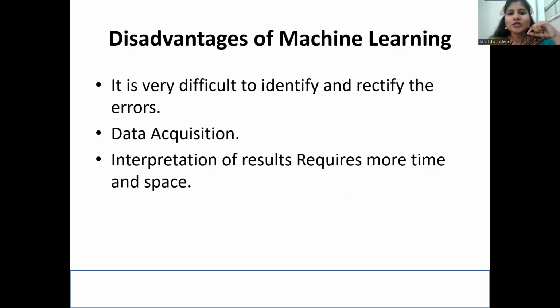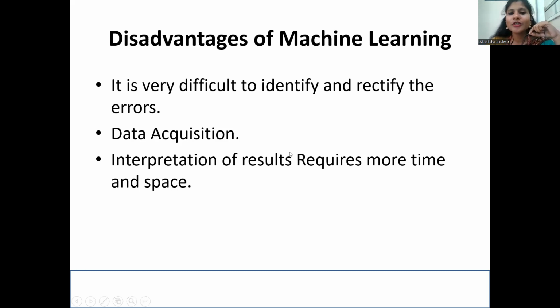Some of the disadvantages are that we cannot easily identify and rectify where the error has occurred, whether in the training, testing, or during the procedure. So it is a tedious task to know. Next is data acquisition. Here, data acquisition not only means data collection from various data centers. It mainly concerns how we are processing and reprocessing our data, making sure that it is noise free, outlier free, and accurate enough to process in the further algorithm.